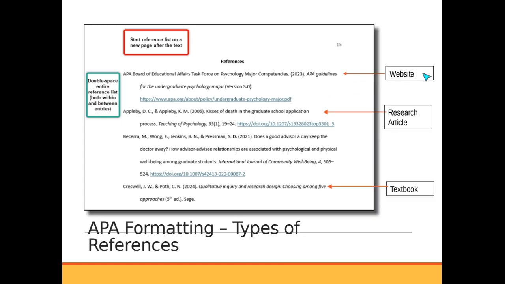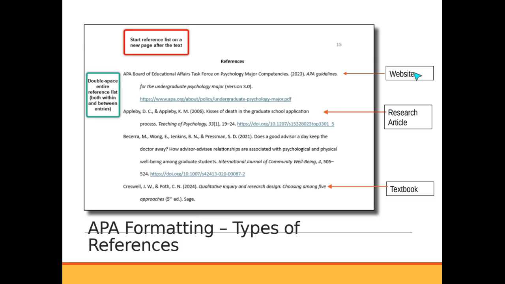So for us, we're going to have 3 different types of references. We're going to have website references, where we got some information about Bronfenbrenner. We're going to have research article references that you have from your research article search. And then we have our textbook. Let me show you the differences in what you italicize in these.